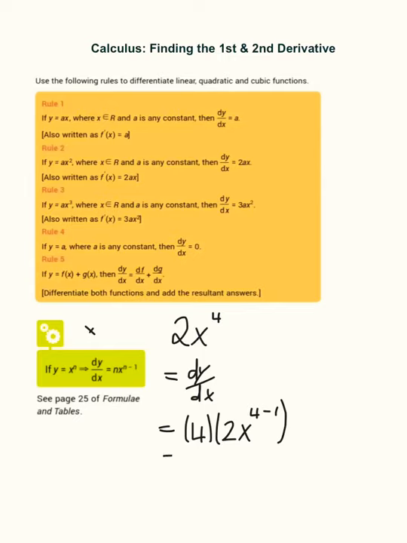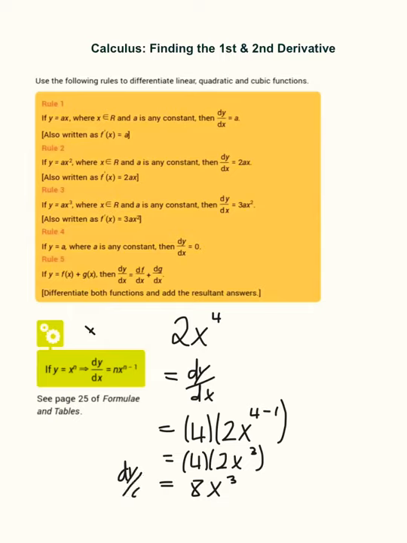So now tidying that up, I have 4 times 2x to the power of 3. When multiplying algebra, you can multiply variables with variables and constants with constants. So here I'm going to multiply the 4 times 2, which is 8x cubed. So 2x to the power of 4 differentiated gives me 8x to the power of 3.